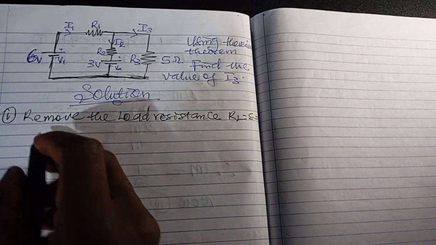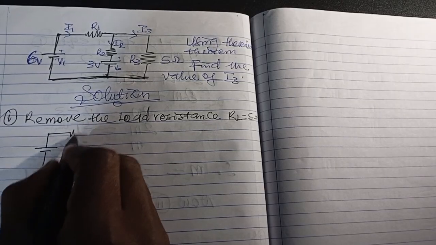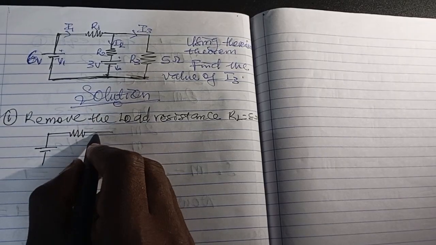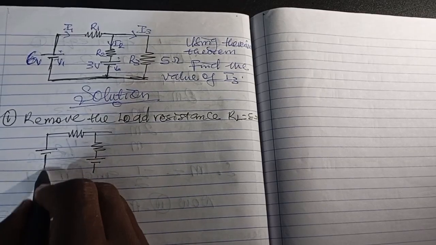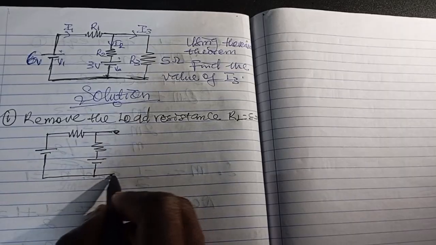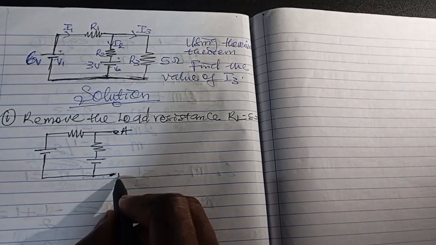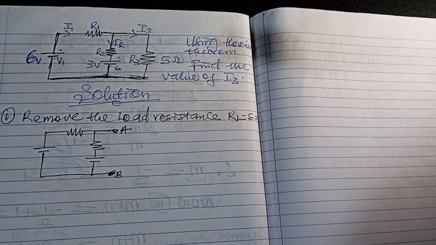If we remove it, we have this circuit like this. So we can have A, B like this. Okay, so RL has been removed.